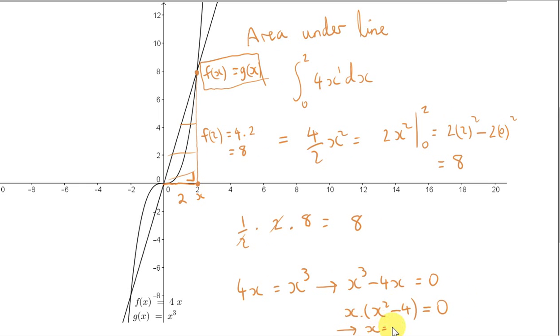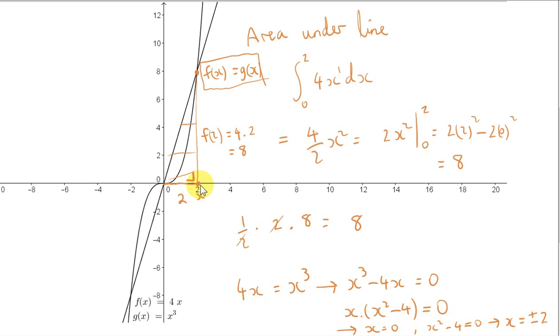So one solution is x equals 0, and the other solution is got by putting x squared minus 4 equal to 0. And there's two solutions to that: x equals plus 2 or x equals minus 2. We take the positive and negative square root of 4. So that's how we found this point here.